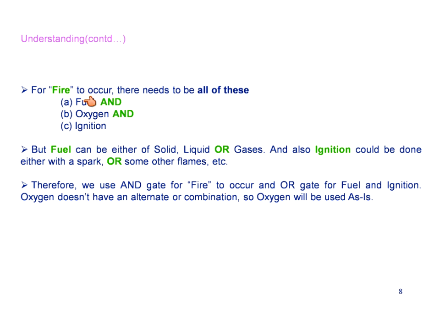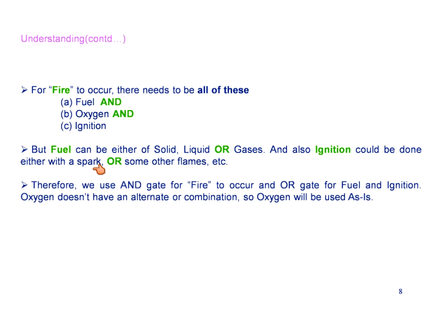Okay. Now, consider the fuel, the next event. Fuel can be either solid or liquid or gases. Any one. If there is a solid, we can call it a fuel. If there is a liquid alone, we can call it a fuel. If there are gases alone, we can call it a fuel. So here we are going to use an OR gate for fuel. But for fire, we are using an AND gate. Understand me?